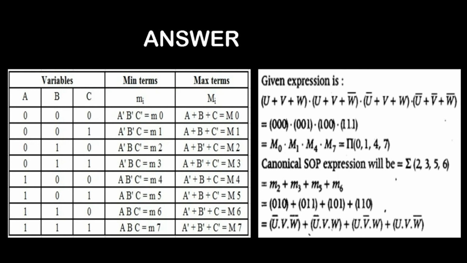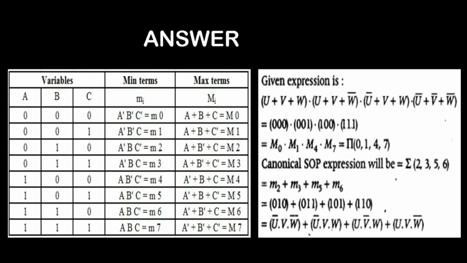From the table you can easily identify the equivalent value of the first max term, U plus V plus W. That is in the first row, like A plus B plus C, so that is equivalent to capital M0. I am writing it here, capital M0, and the next value is capital M1, and the third max term is capital M4, and the last max term is capital M7.